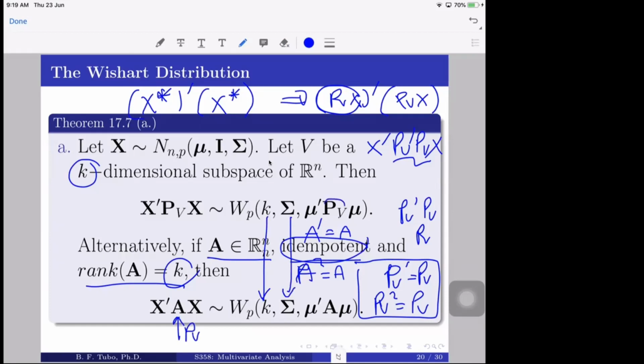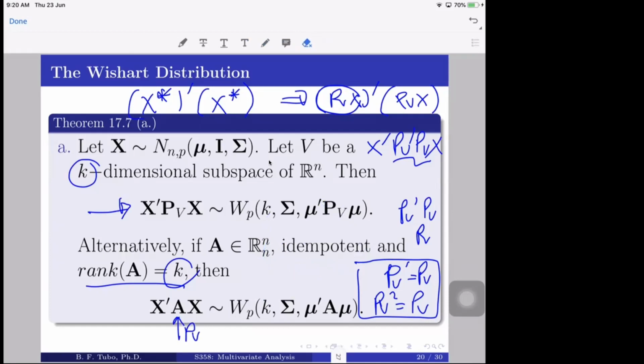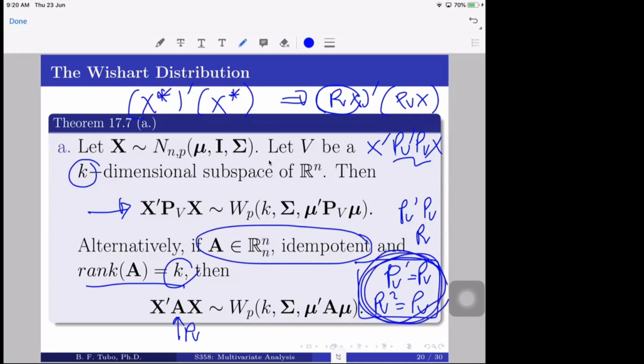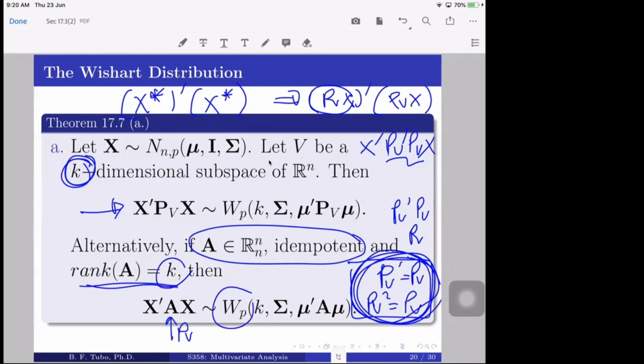They are the same. So once proven, if we let A have these properties, that is, A is idempotent and has rank k so that it follows the dimension of your V, then X prime AX will also be Wishart. So let's try to look at the proof.